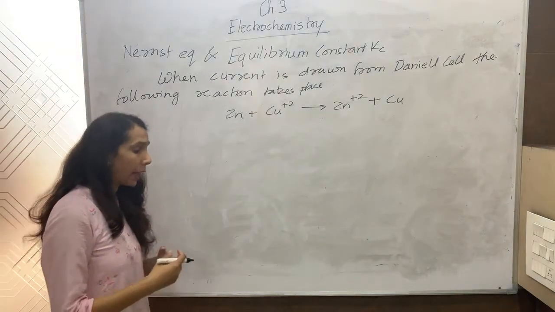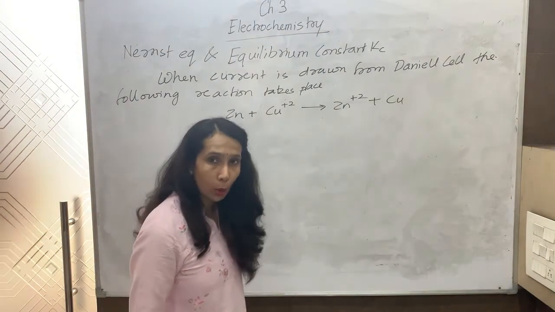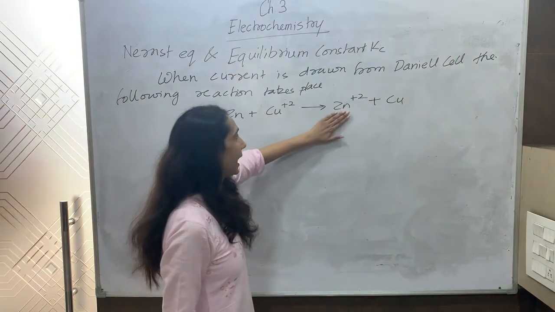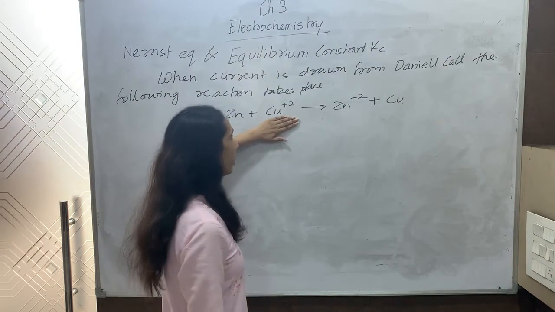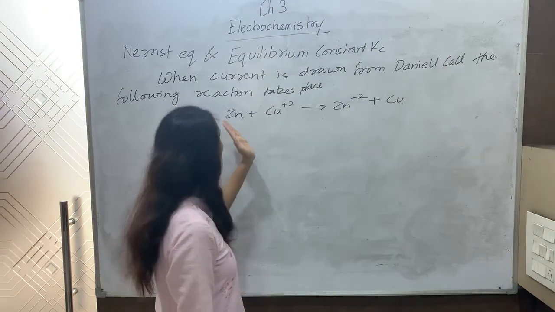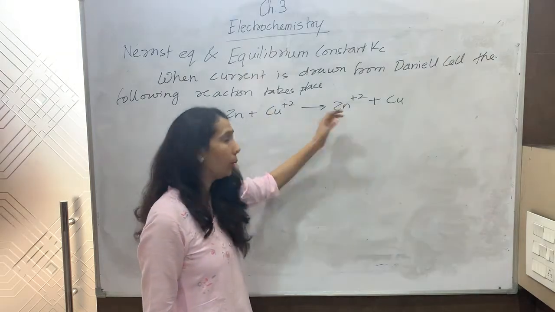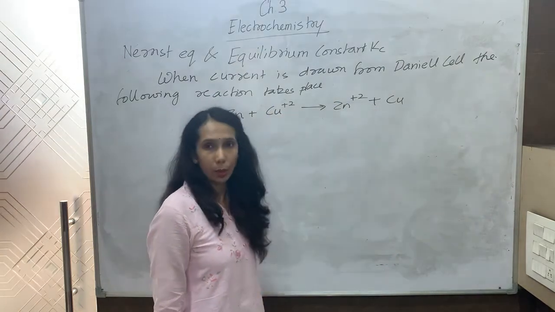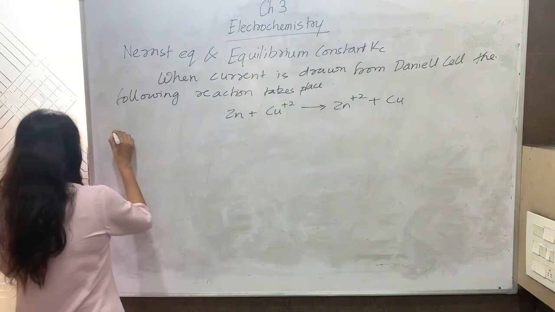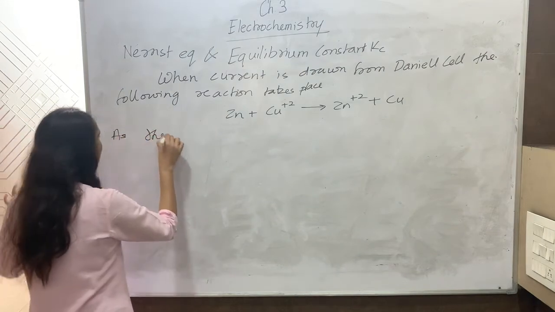Now, as the reaction proceeds, slowly you will find that the concentration of zinc ions will increase and the concentration of copper ions will decrease, because zinc is converted into Zn2+ and Cu2+ is converted into copper.